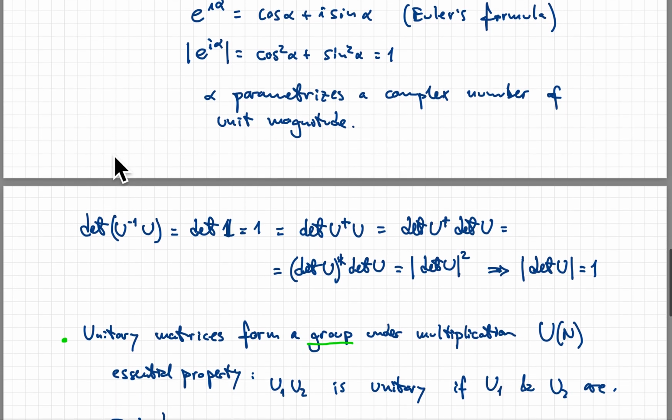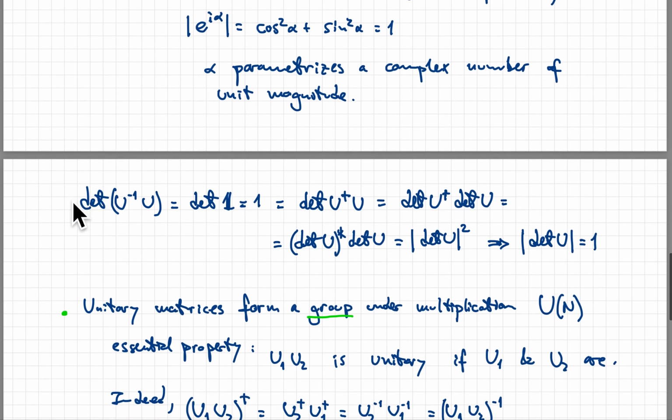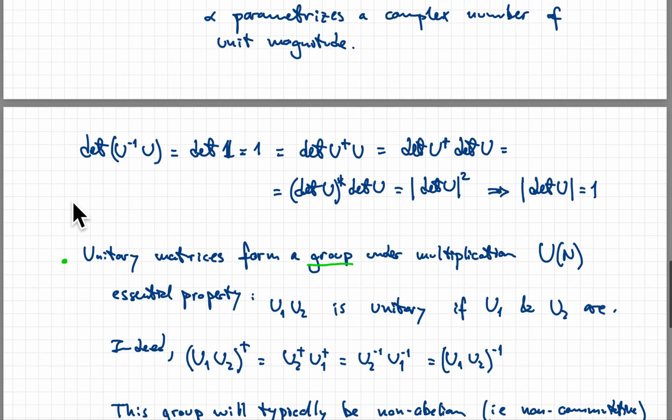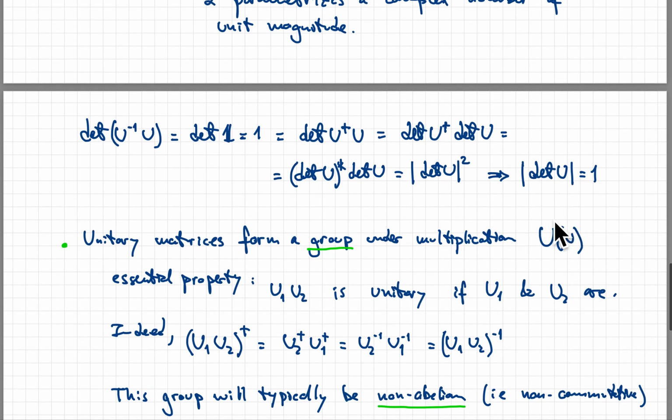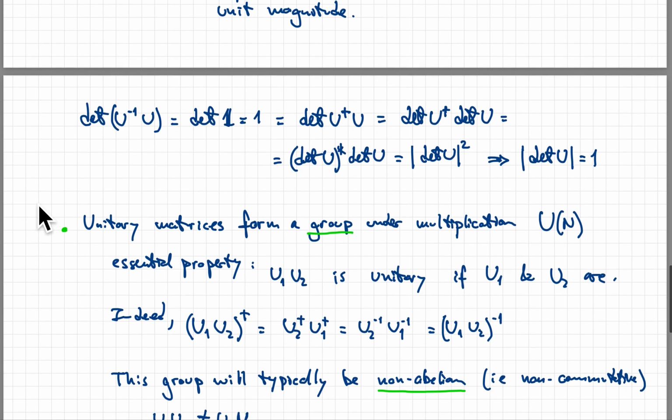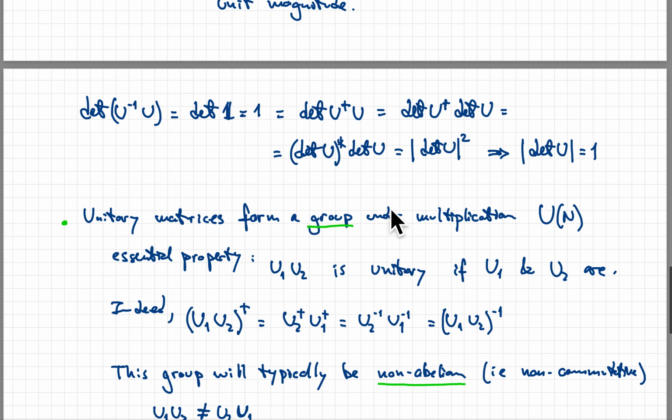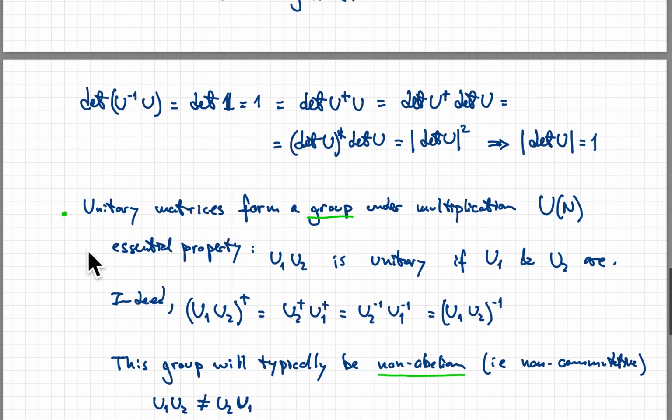It turns out unitary matrices form a group also under multiplication. That group is usually called U(N). There will be future videos on groups and other algebraic structures, but the essential property that you need for a group under multiplication in this case is that multiplication is closed. That is, if U1 and U2 are separately unitary, then U1 U2 is also unitary.